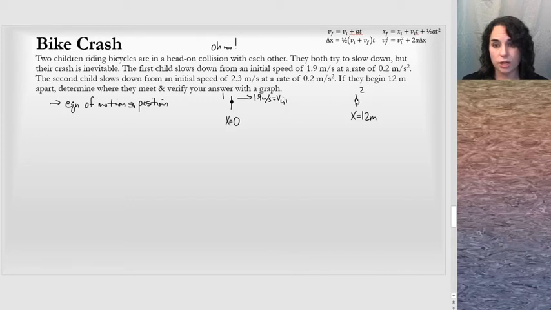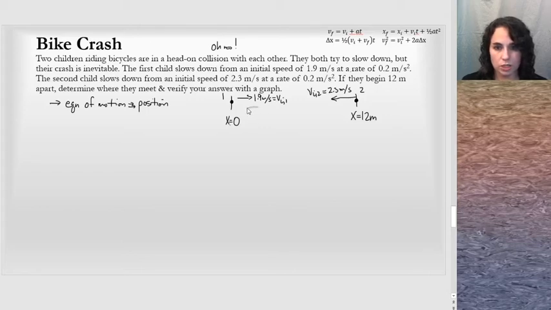The second child is moving in the other direction, right? This is a vector. And it has a larger velocity, 2.3 meters per second, and that will be v initial, comma 2. And notice how I'm using the subscripts to really designate which child the information corresponds to. I'm also going to write in here, with a slightly different color vector, that they both have an acceleration.